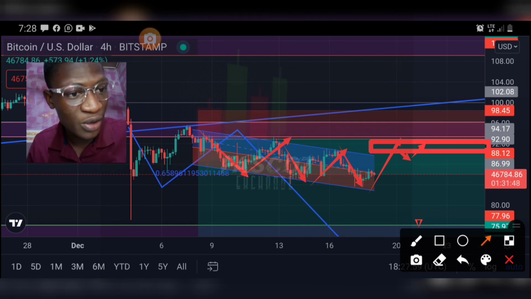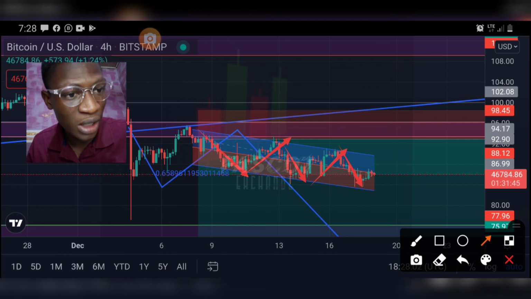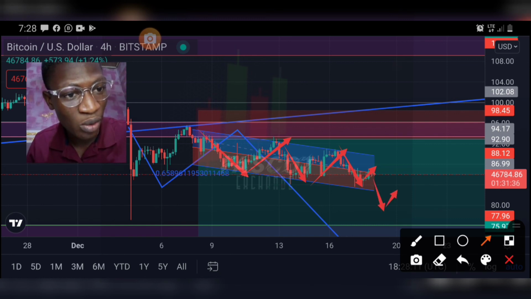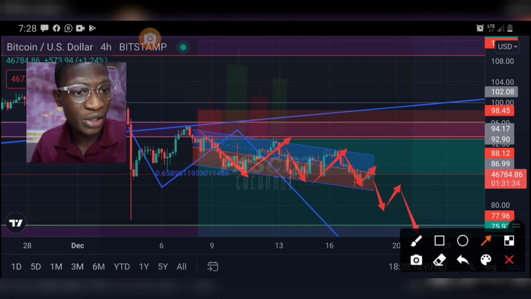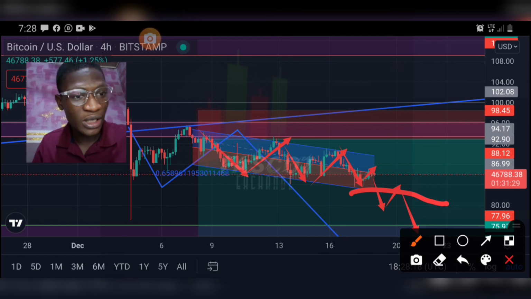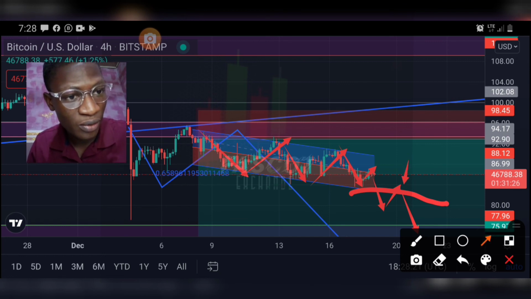But if this market gives me that upward momentum, and then I see a break below from in there and then continuation, then I'm going to hold this trade, telling me that this price is going to go short from here.